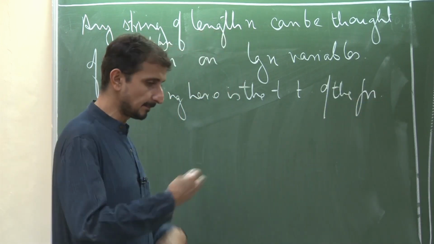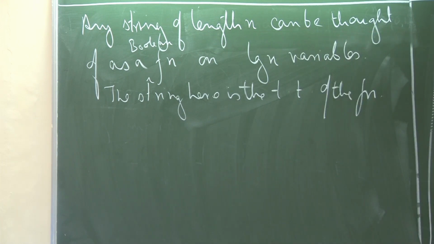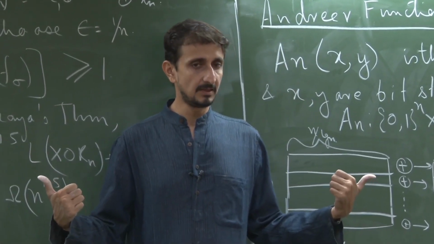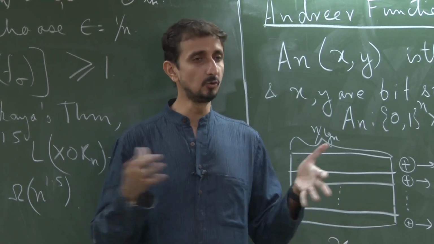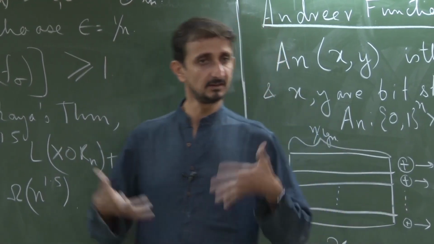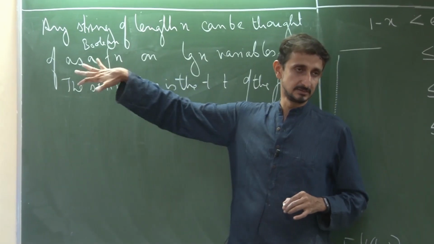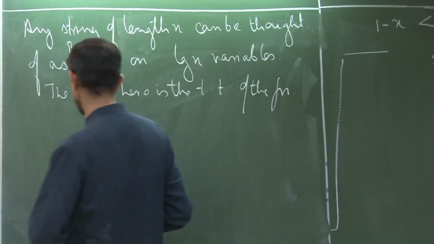So, this is an equivalent way of looking at it. Any function on n variables is essentially a string of length 2 to the power n, and any string of length 2 to the power n is a function on n variables. These are two equivalent ways of looking at the same thing, and whatever I am saying is for Boolean functions, for obvious reasons.